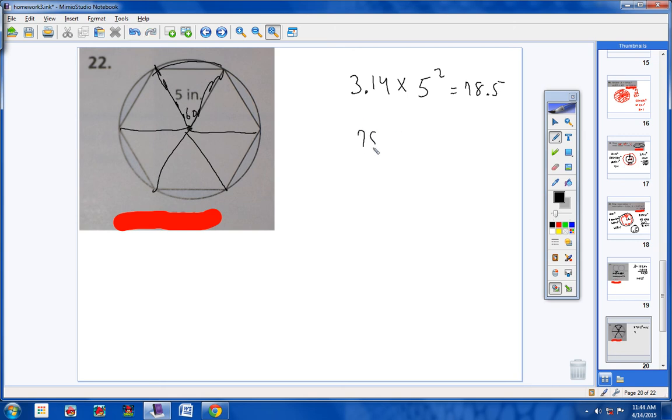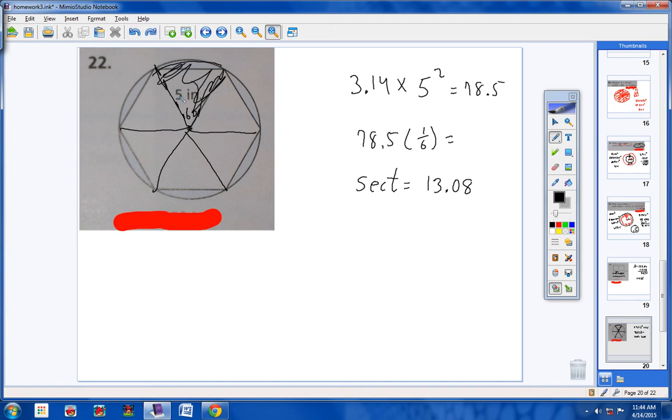So 78.5 times 1/6 would give me 13.08. So the sector equals 13.08.